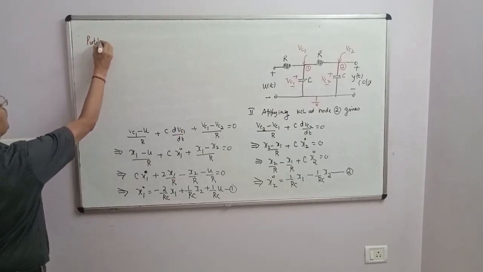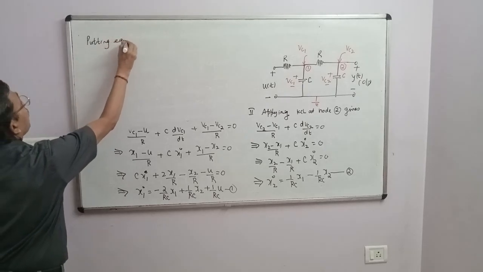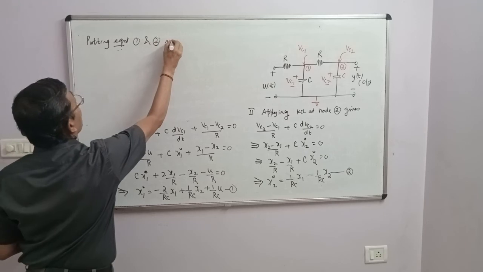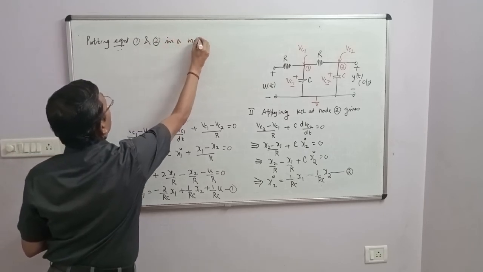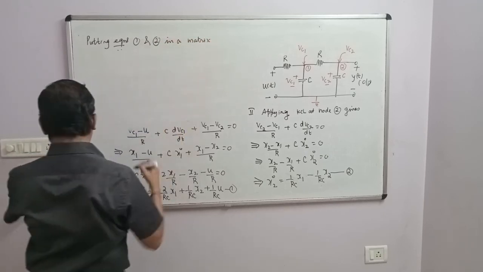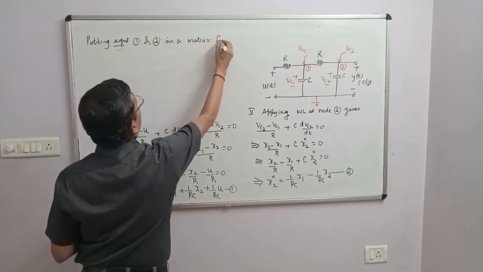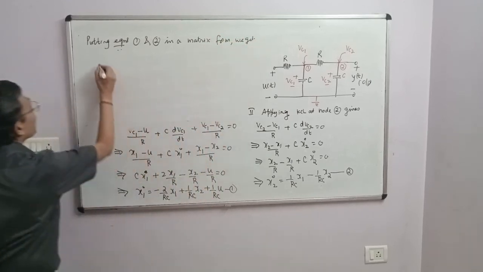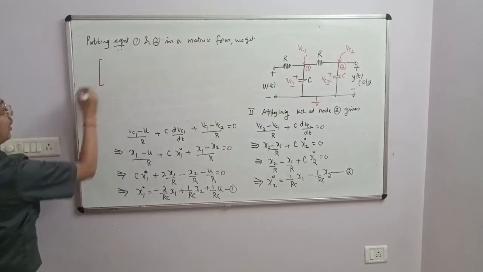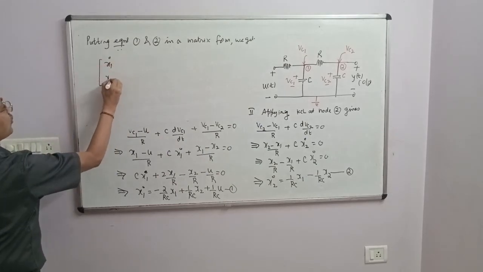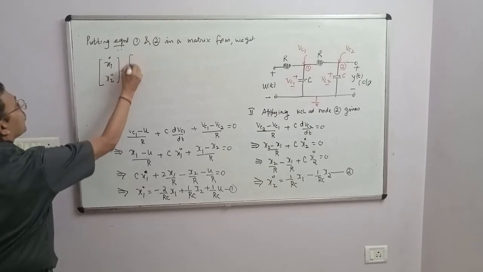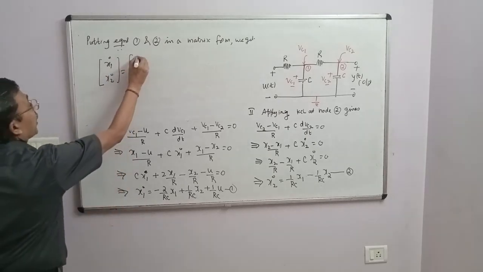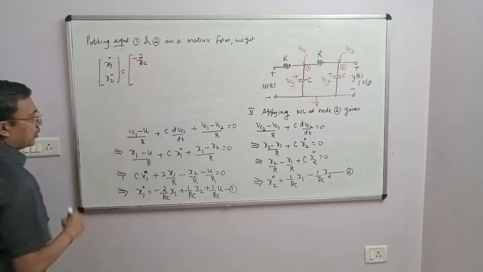Putting equations 1 and 2 in a matrix form, we get column matrix x1 dot, x2 dot is equal to, take the first equation, coefficient of x1 is minus 2 by RC.